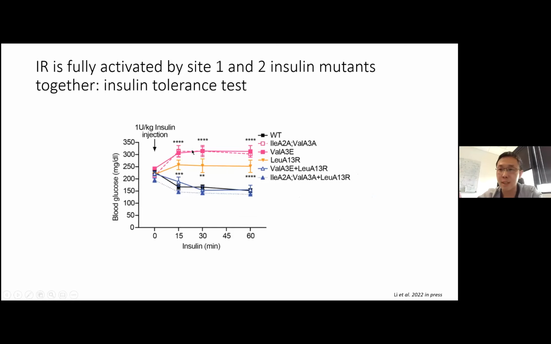But if you inject the Sat1 and Sat2 insulin mutants together, the glucose level can be reduced to a similar level as compared to mice injected with wild type insulin. That actually suggests that insulin binding to both Sat1 and Sat2 together can in synergy promote the full activation of the receptor.